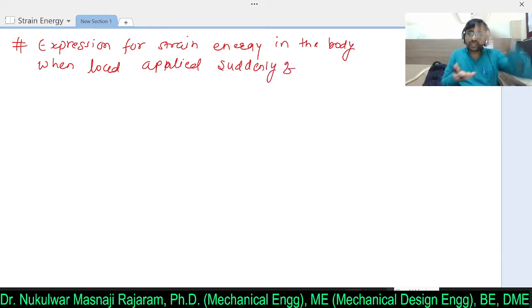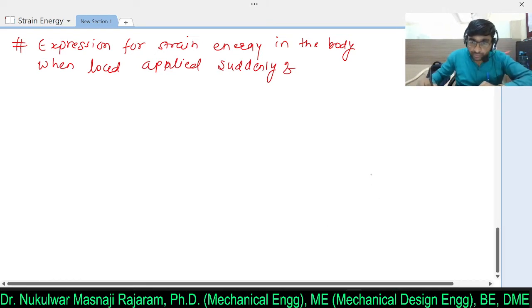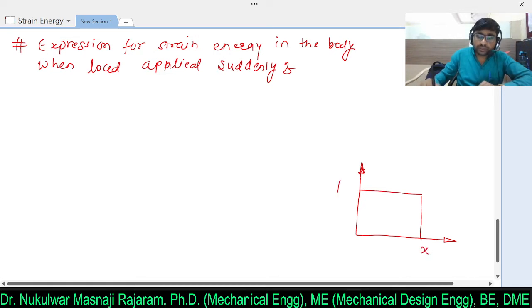So when sudden load is applied, what will happen, we will see in the graph. If I draw the force and displacement diagram, there will be a force, and due to that force sudden elongation will be there. So this is force and this is elongation. We are not applying force gradually, we are applying sudden load. So definitely this will become an area.